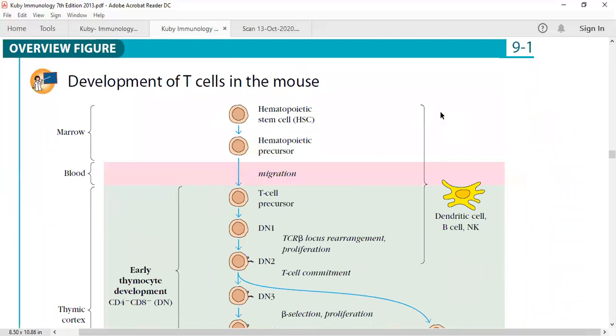So this diagram is very, very important. So we are going to cover this.